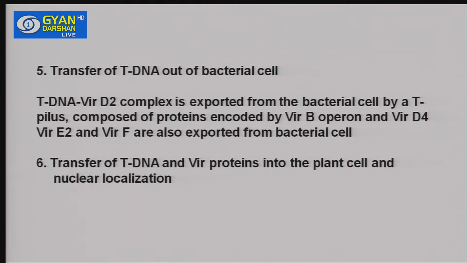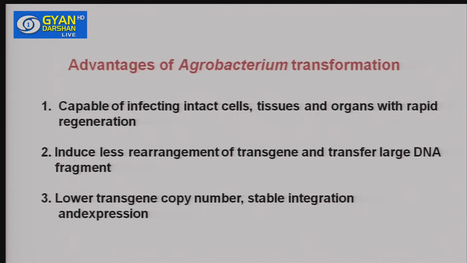Finally, the tDNA transfer process will occur, and the tDNA-VirD2 complex is exported from the bacterial cell by the T pilus, like what we call the sex pilus in the case of conjugation. Here we call it a T pilus, composed of proteins encoded by the VirB operon, and VirD4, VirE2 and VirF are also exported from the bacterial cell. So those are the different steps, in a nutshell, for Agrobacterium transformation.